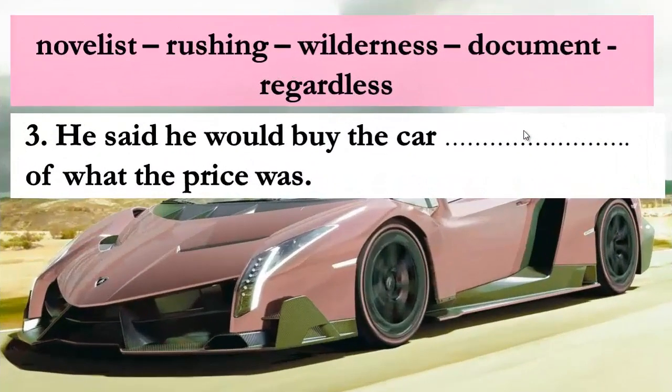Number three, he said he would buy the car of what the price was. So the correct word here, according to the sentence, should be regardless. He said he would buy the car regardless of what the price was.